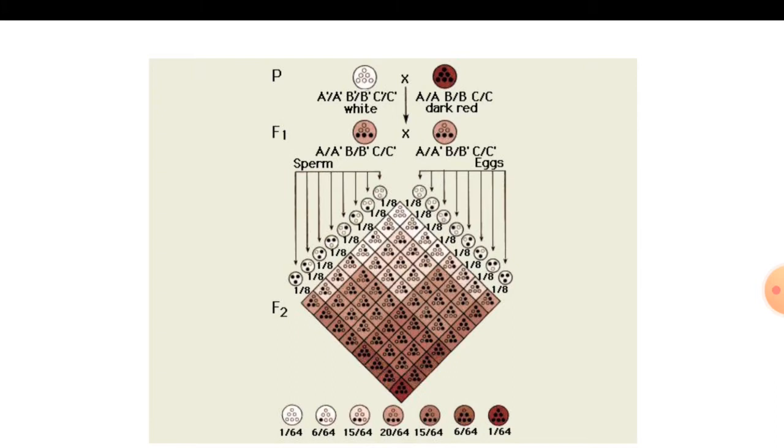And the proportions shown here, there are 64 different blocks here, and of this the proportion is shown of different skin shades, that is 1 by 64, 6 by 64, 15 by 64, 20 by 64, again 15 by 64, again 6 by 64, and last darkest again 1 by 64. So this is the proportion from the 64 different combinations of different skin shades which are formed. Clear?